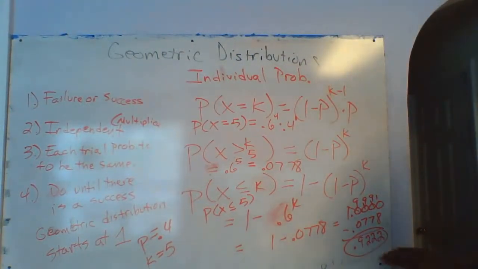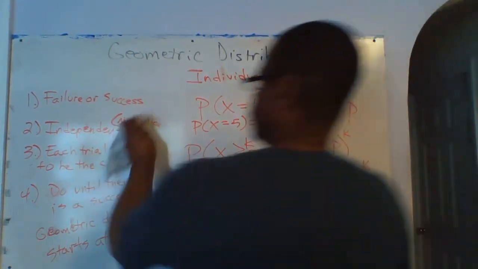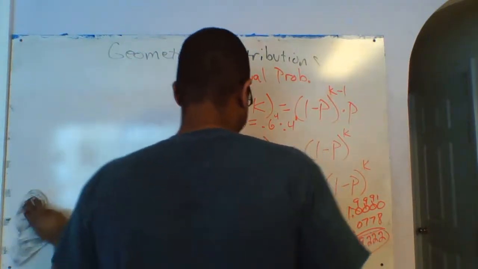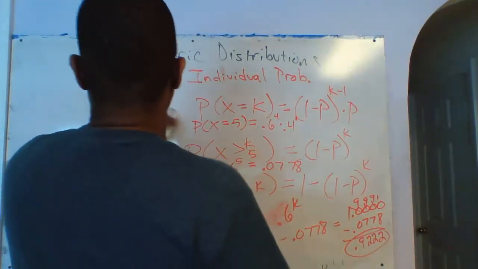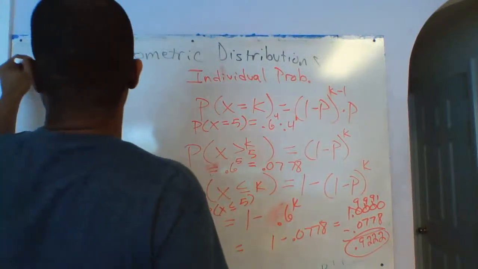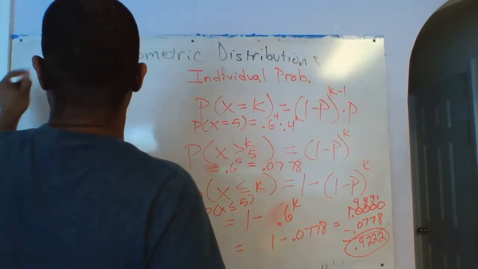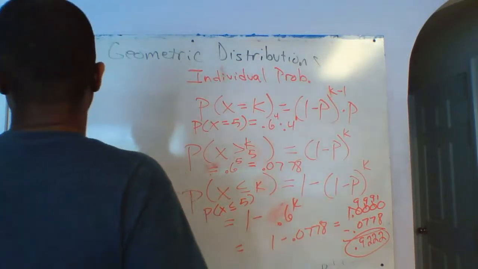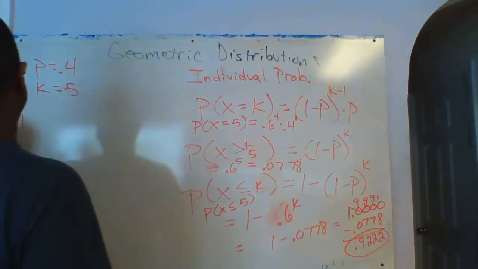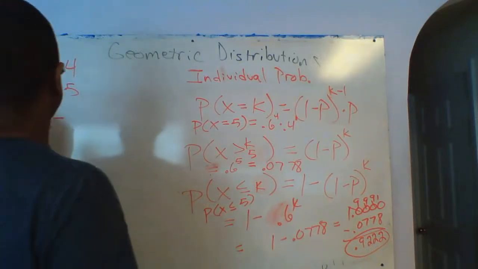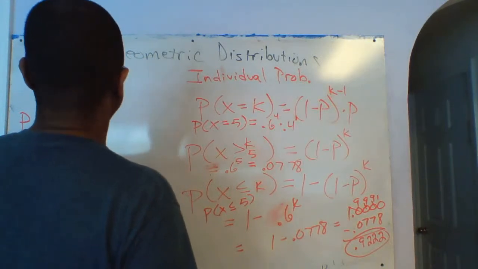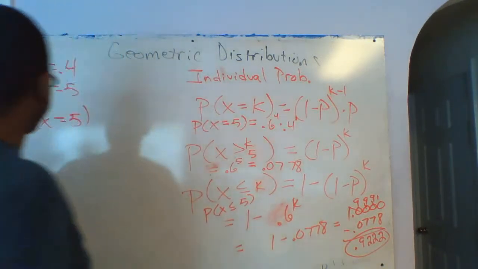So check to see if you got the correct answer. If you wanted to put it in your calculator to see if these are right, P is equal to 0.4 and K is equal to 5. If you want to do this first one, it's a geometric, so you want to do 5.